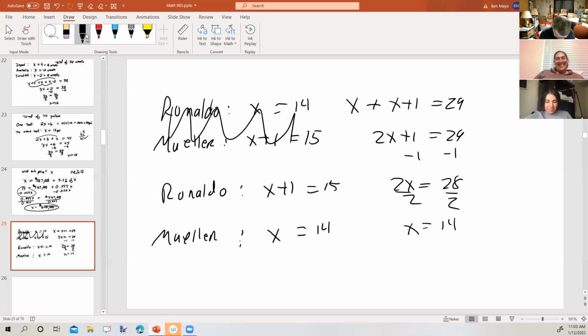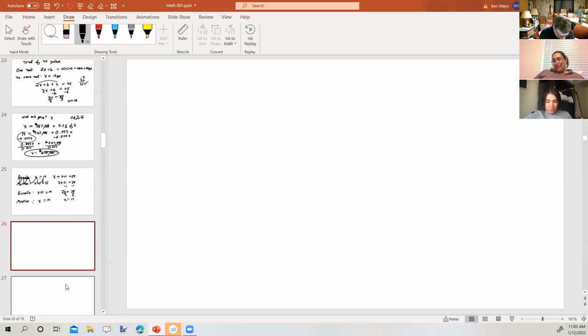All right. This one says, dictionaries. The definitions of the words job and join are on back-to-back pages in a dictionary. If the sum of these pages is 1,411, on what page can the definition of job be found?